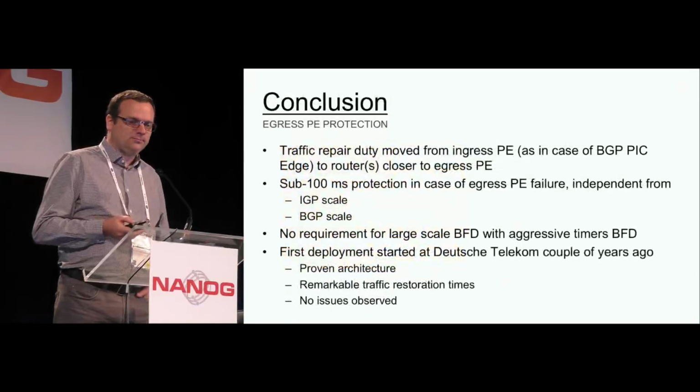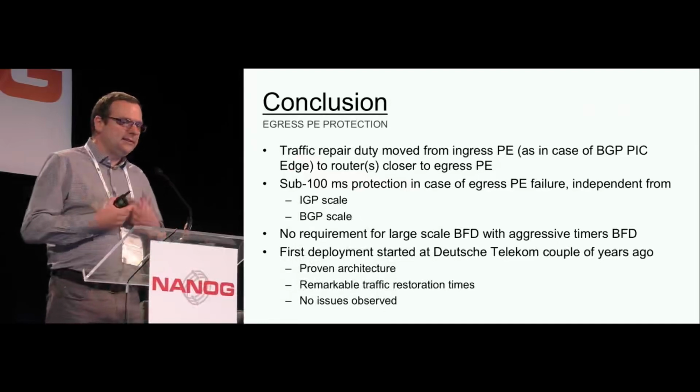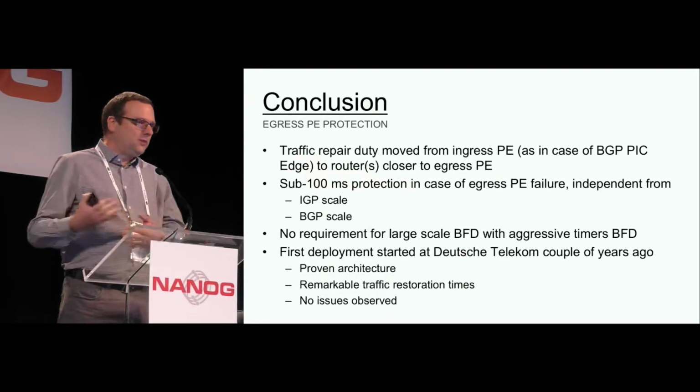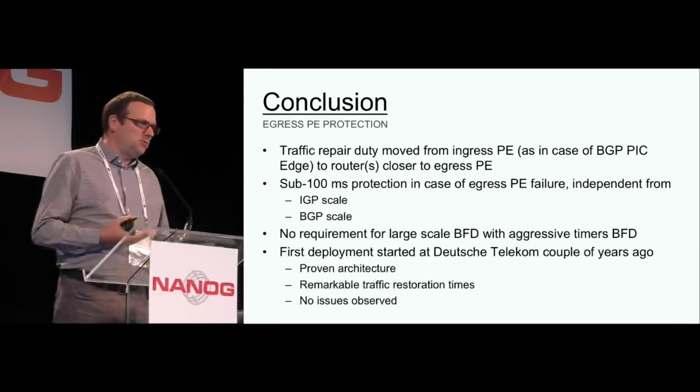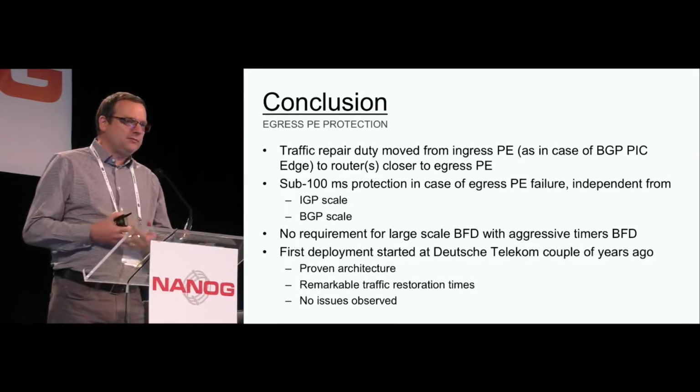All right, so the conclusion here. The idea is that this protection is moved from the ingress PE, as with BGP PIC Edge, to some node which is very close to the egress PE.